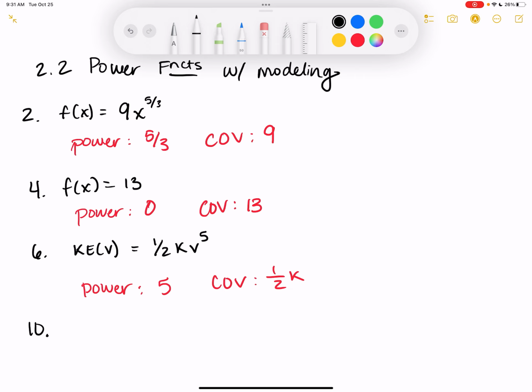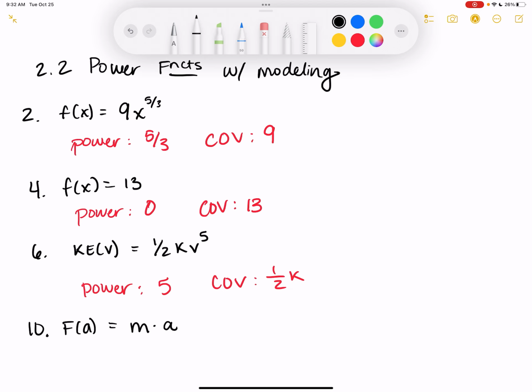Number 10. F of a equals m times a. What's F of A? Force. This one requires you to know a little bit of information. This tells you what the variable is.